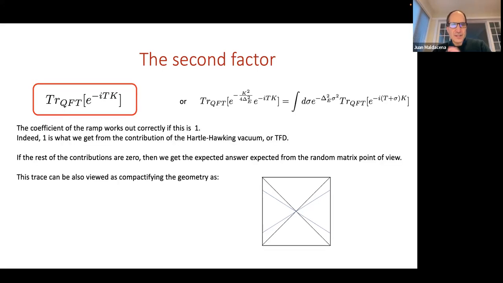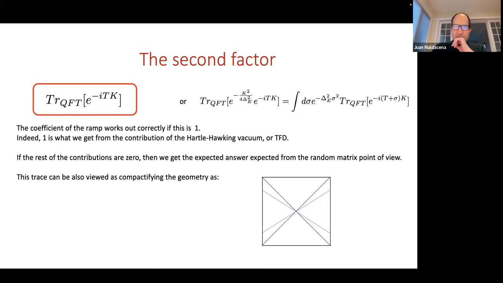The coefficient of the ramp works as in random matrix theory if this is 1. And we'll get 1 here from the contribution of the Hartle-Hawking vacuum, or the thermofield double, so that we just keep 1 here. If the rest of the contributions are 0, we get the expected answer from the random matrix. But we'll see that we won't get exactly that answer, but an answer that becomes that answer for very large t.